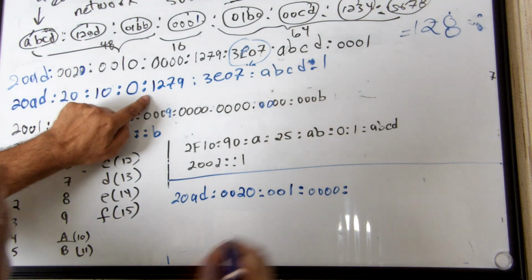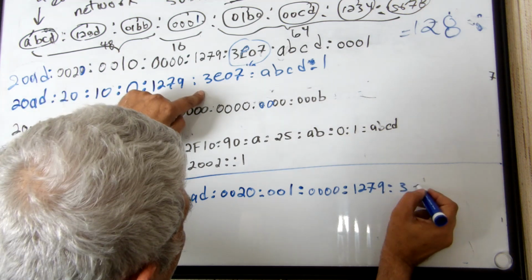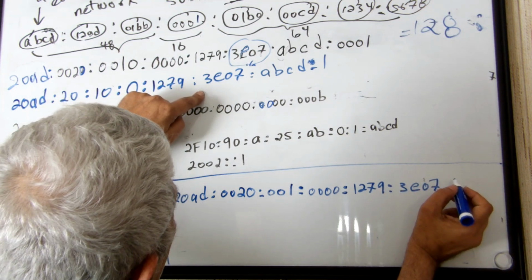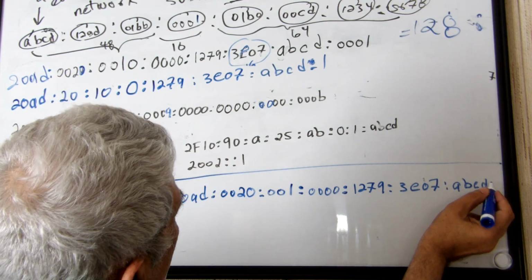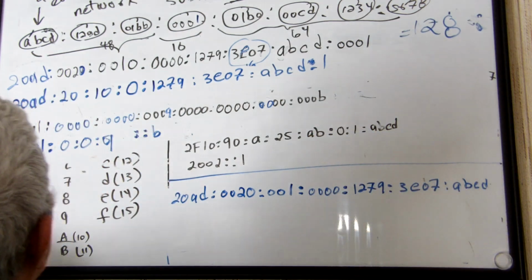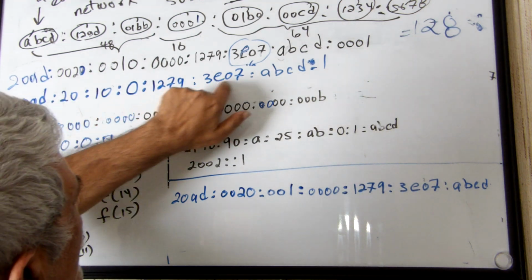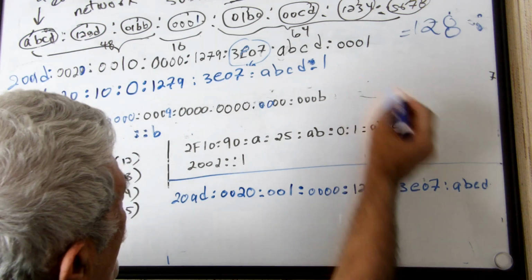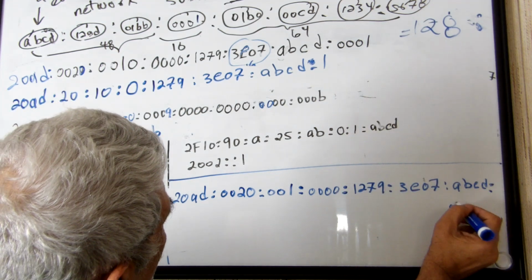Okay, and then 1279, and then 3E07, and then A, B, C, D. Let's see how many was that. 1, 2, 3, 4, 5, 6, 7, 8. And there is 1 here too. It's going to be 001.